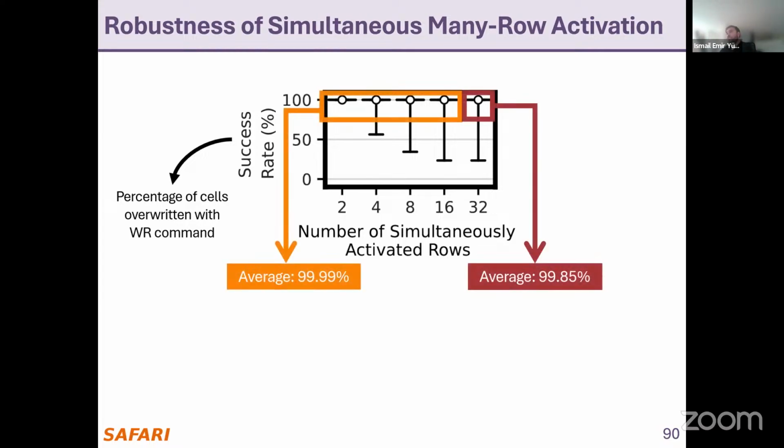The average for up to 16 rows is 99.99%, and the average for 32-row activation is 99.85%. That means that when we issue ACT-PRE-ACT, we overwrite 99.85% of the cells in the activated rows.